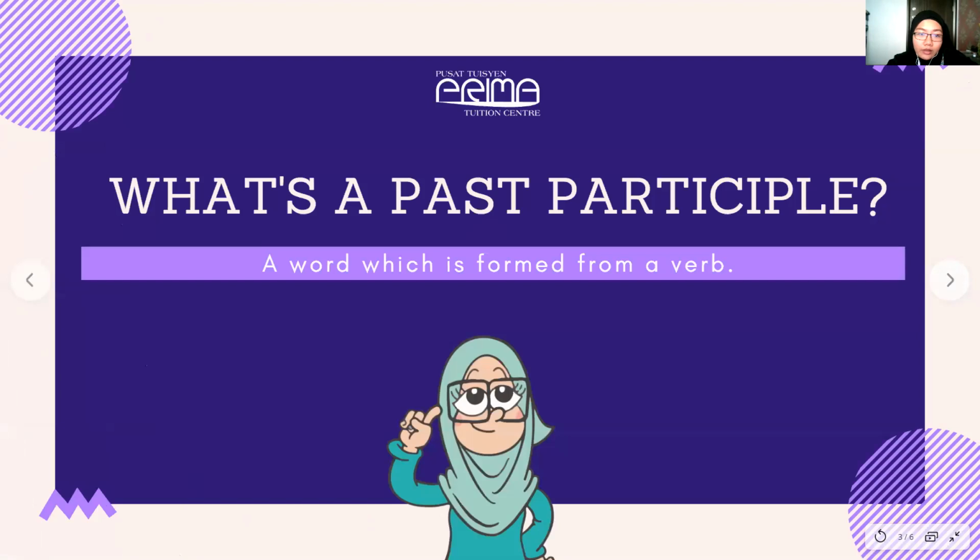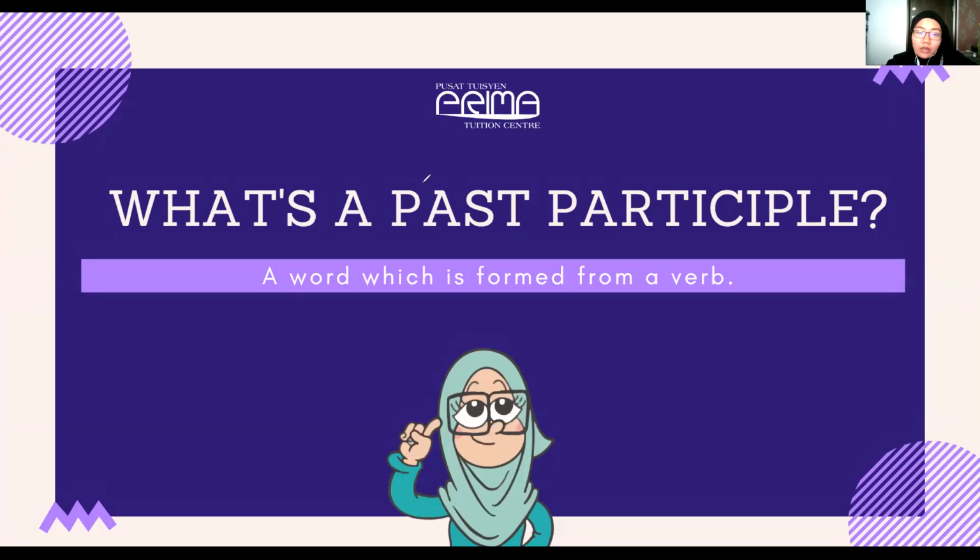Number one, what's the past participle? I am not sure if many have heard of past participles, because whenever I usually come across questions, it's, "Teacher, what's the past participle? I have only heard of past tense."